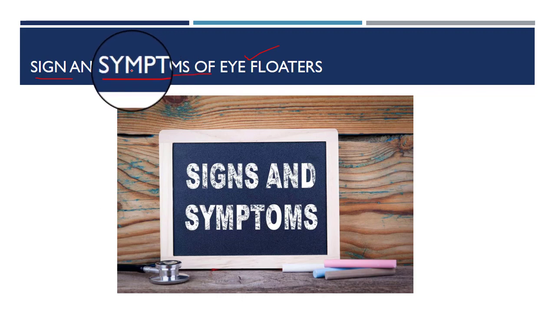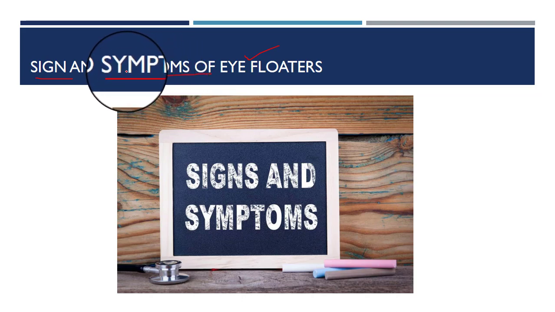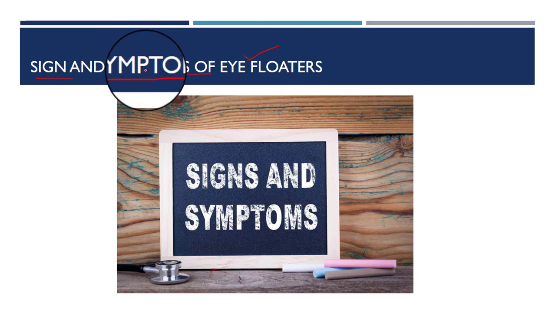Third, spots that are most noticeable when you look at a plain bright background, as I have already said, blue sky or white wall, or simply when you look at a white paper. Next, small shapes or strings that eventually settle down and drift out of the line of your vision. So these are some clinical features that you may experience if you are suffering from eye floaters.